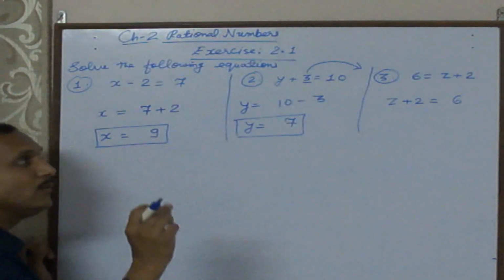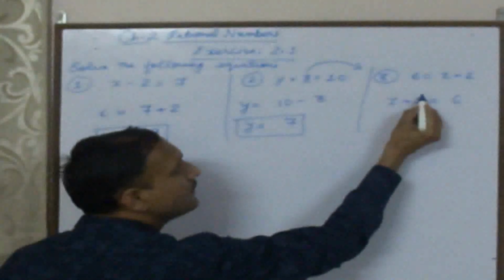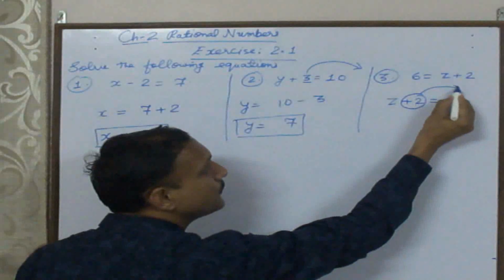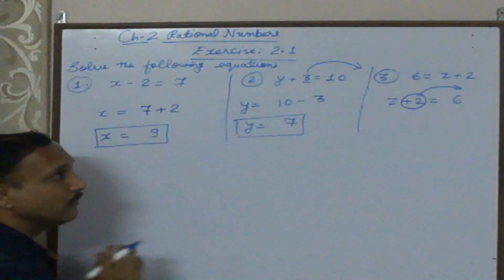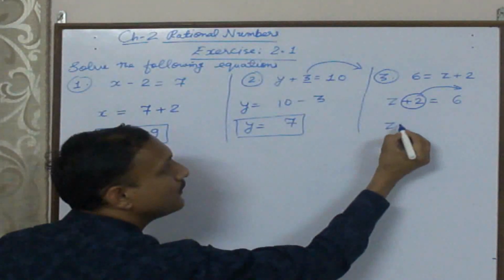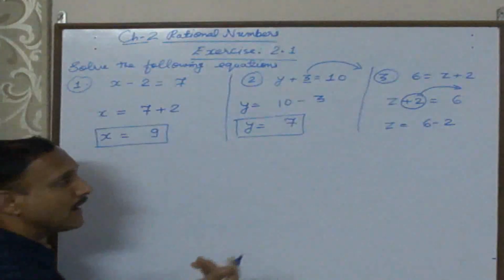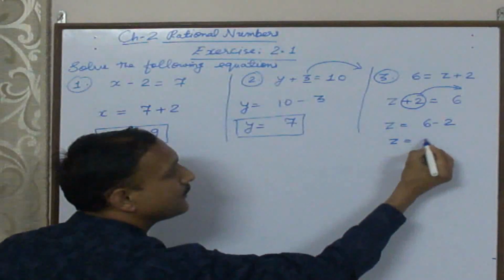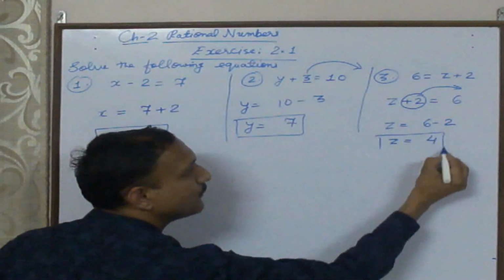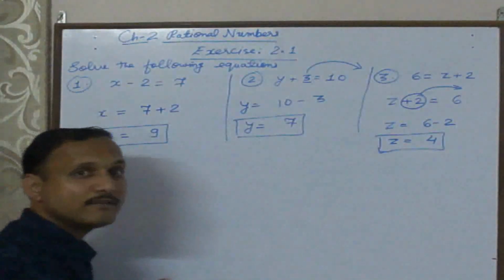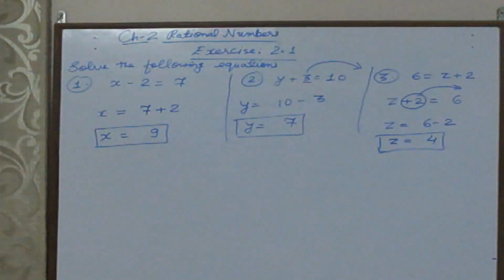Now again we need to find the value of z. To find the value of z we have to transpose 2 to the other side. So when we transpose 2, it will change its sign. Plus 2 becomes minus 2. So z equals 6 minus 2 equals 4. Here children, clear these 3 questions.